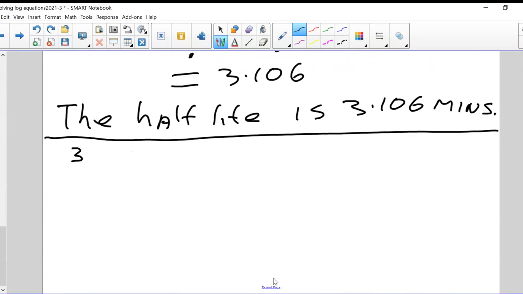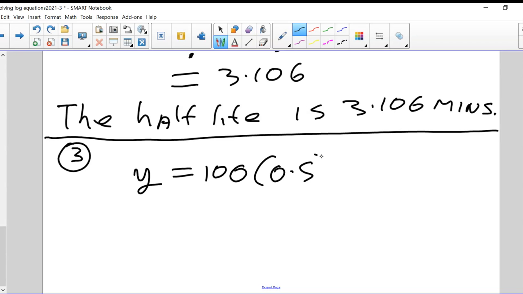So, the 0.5 is kind of what you'd use for a half-life equation. So here's what my equation is going to look like. y is equal to 100 times 0.5. But what am I going to raise that to now? That has to have something to do with the fact that it takes 3.106 minutes to drop to a half.